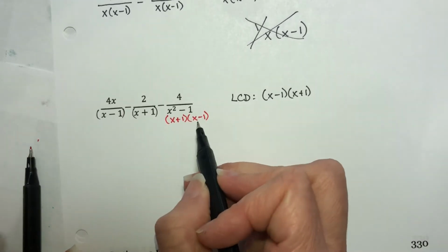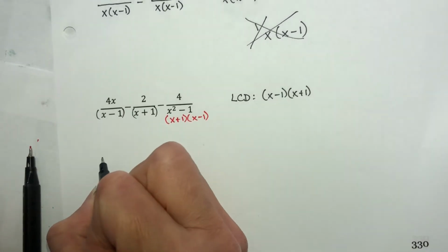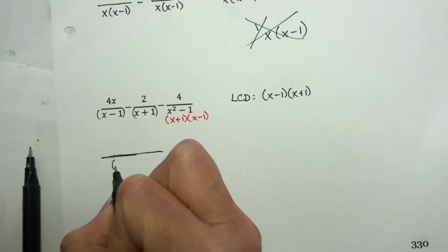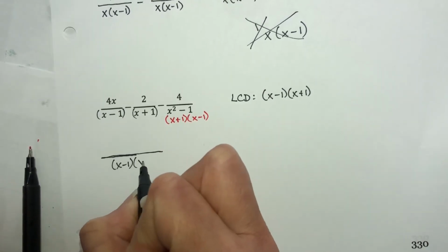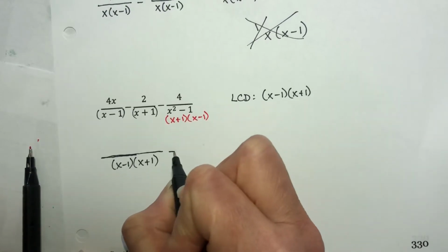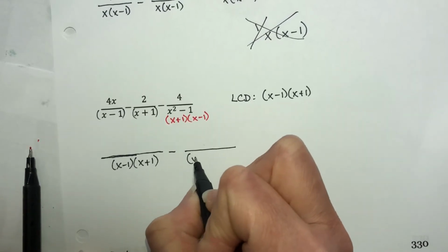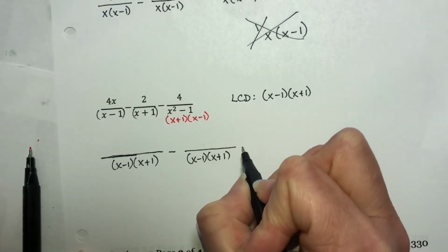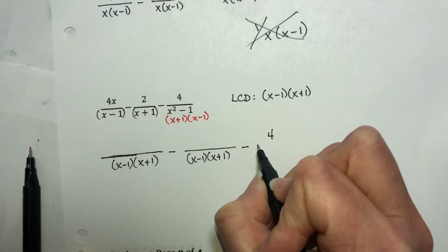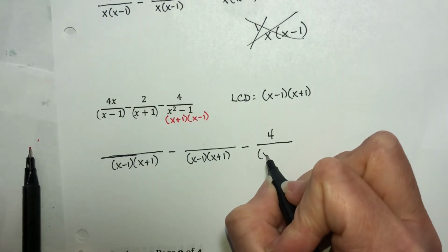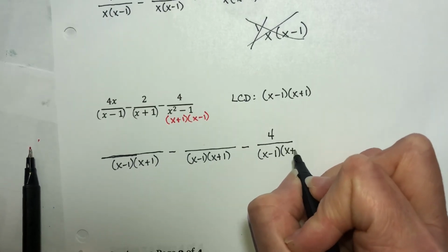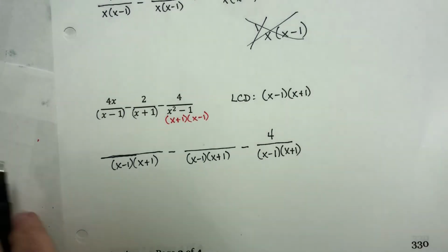This third fraction is not going to need to change at all. So I'm going to rewrite these with x minus 1, x plus 1 in the bottom. Since that last denominator is exactly what I need, I just bring over the 4. Don't have to worry about changing anything. Okay.